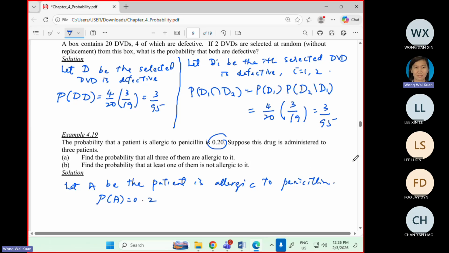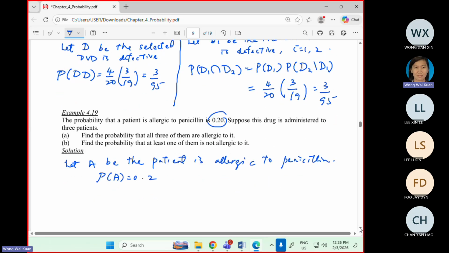So now, when you have 3 patients administered the drug, what's the probability all 3 are allergic to this? So I have probability of A, right? That's what you always do. So 0.2 times 0.2 times 0.2. So this is 0.008, correct?